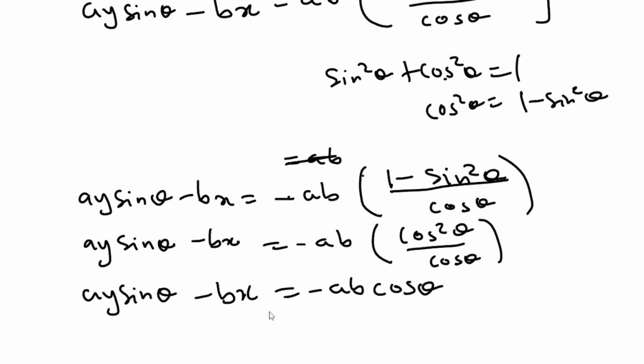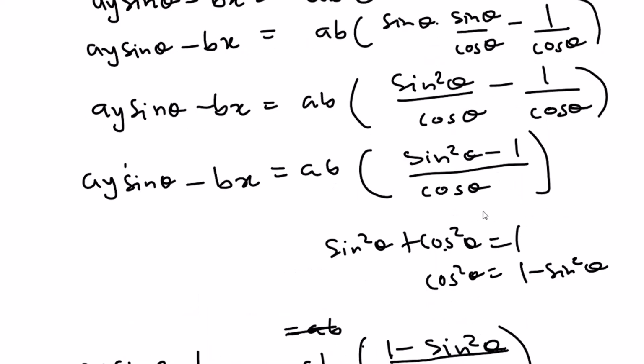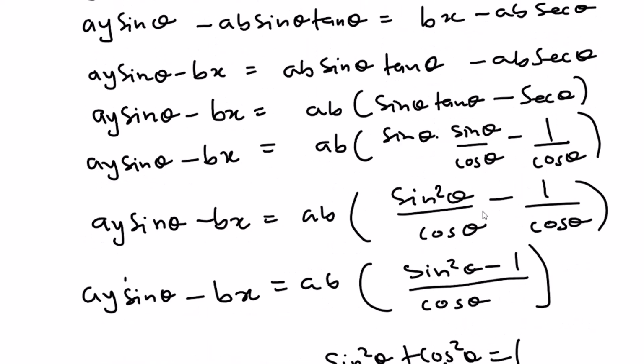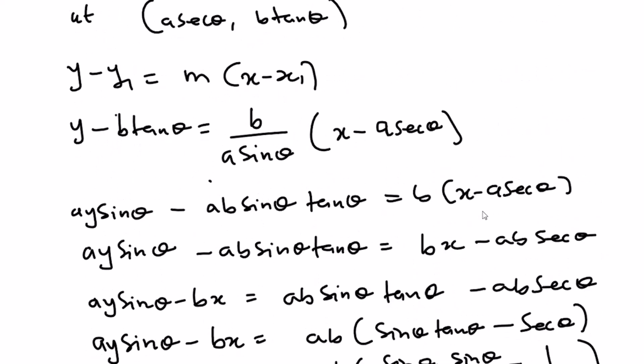So 1 is gone. So this can be written as AY sine theta minus BX plus AB cos theta being equal to 0. And this one becomes the equation of what? The tangent. The equation of the tangent.